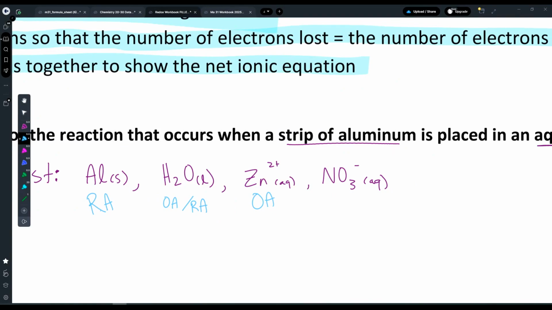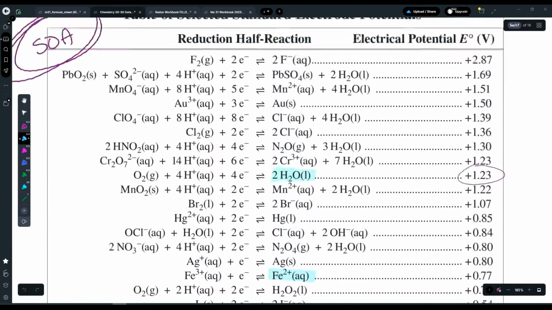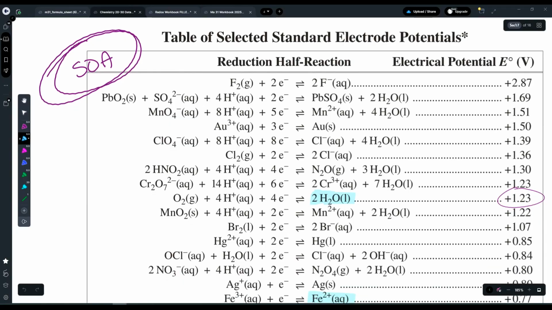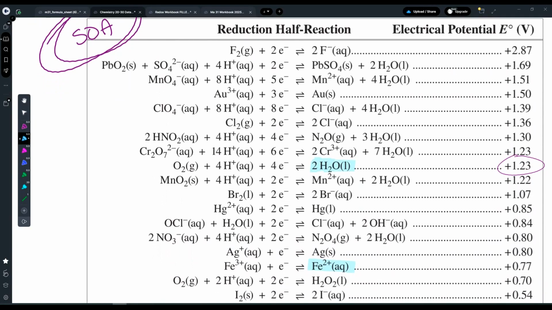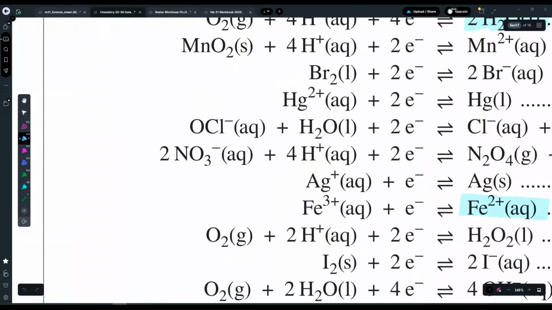And for nitrate here, I'm just going to start at the very top, and again I'm just skimming through the left hand side right here to see if I can find it. Okay, so here's something important. We have nitrate here, but we do not have hydrogen ions in our species list.